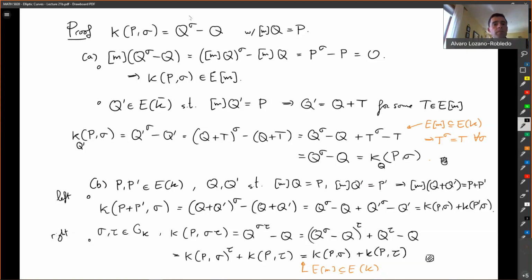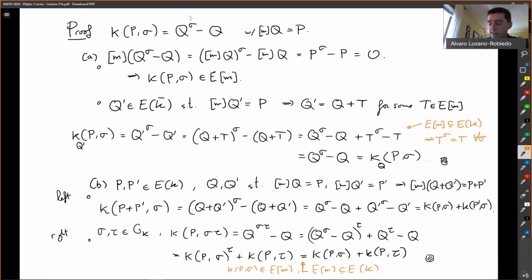Oh, and I'm over time, so I'm going to stop here. So maybe I'll just write also that kappa P sigma is an M torsion point, and the M torsion point is defined over K, and that's why that was fixed.